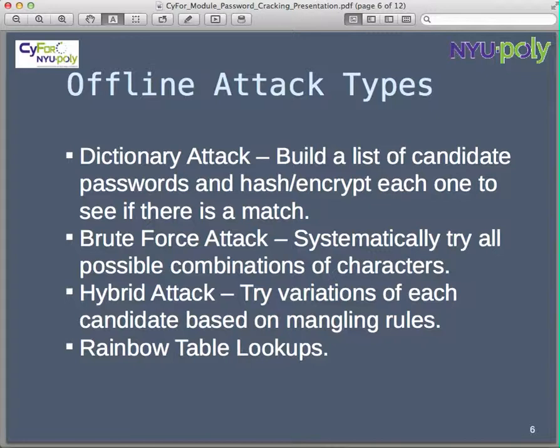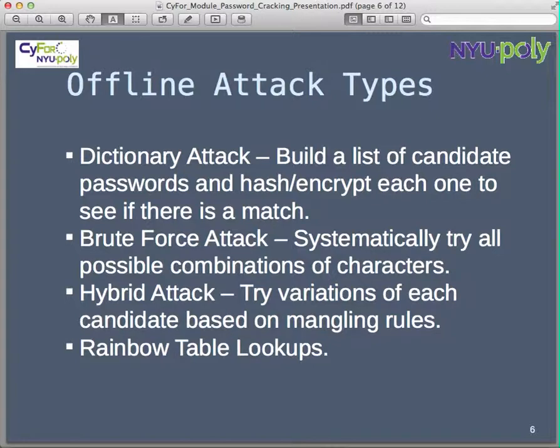You could also have hybrid attacks where you start with a dictionary but also use some intelligent rules and then use brute force concepts to combine a word in a dictionary and come up with different variants, but not every possible variant. These rules are called mangling rules.